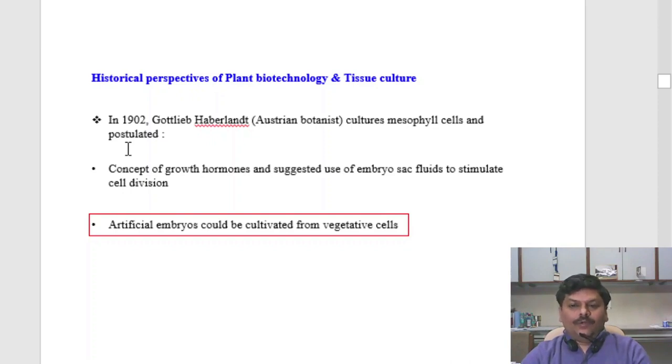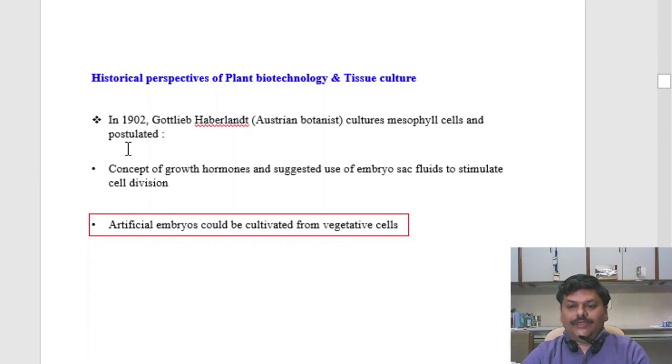Although he was not able to get them divided and make new cells, he was able to keep isolated cells living for a few days, without providing an actual plant part, on a basic nutrient solution comprising the salts which we have listed in the previous slide.